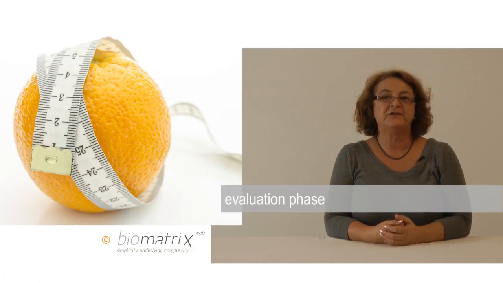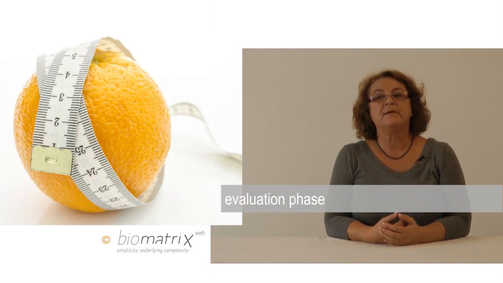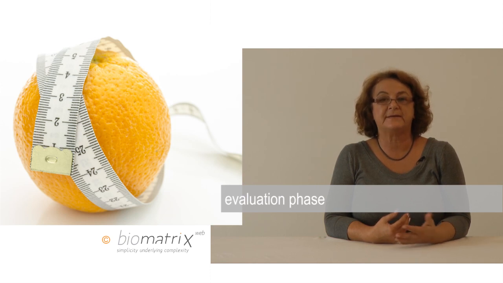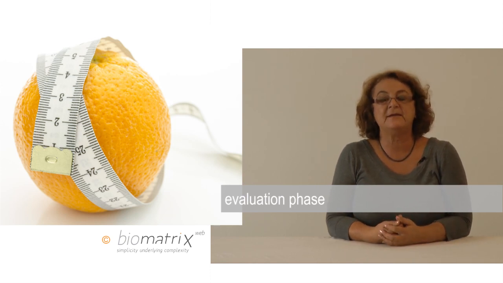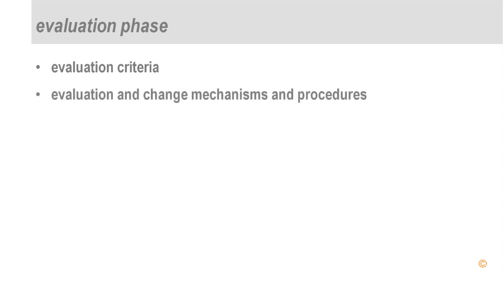Once implementation of a change intervention has started, we need to monitor progress and evaluate it. So the evaluation phase will start. It consists of evaluation criteria as well as evaluation and change mechanisms and procedures.